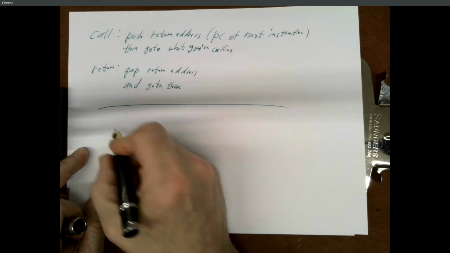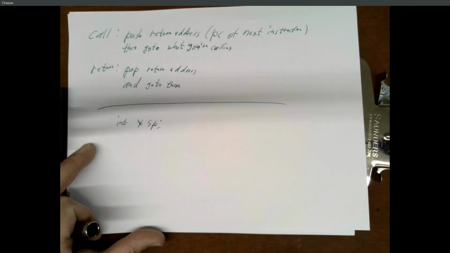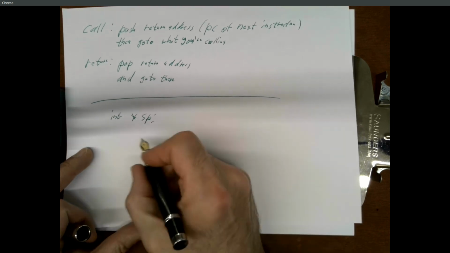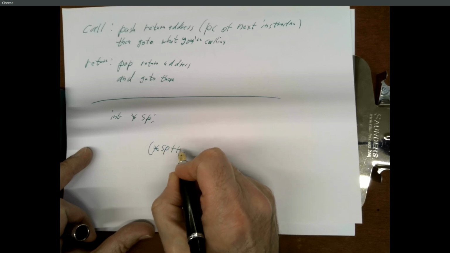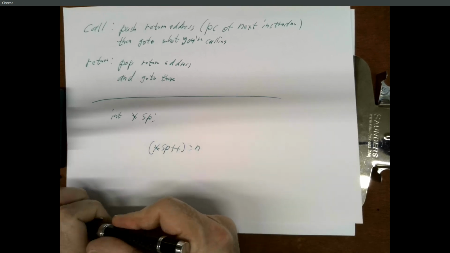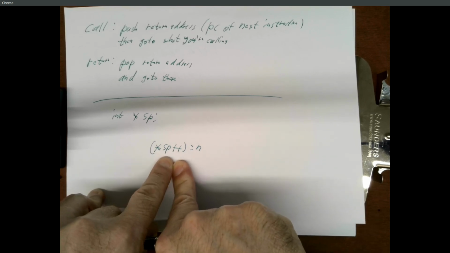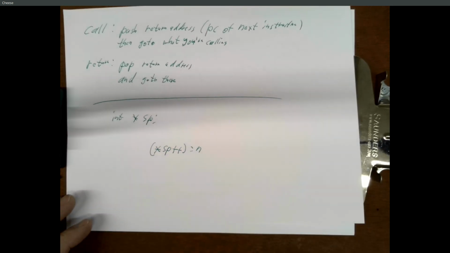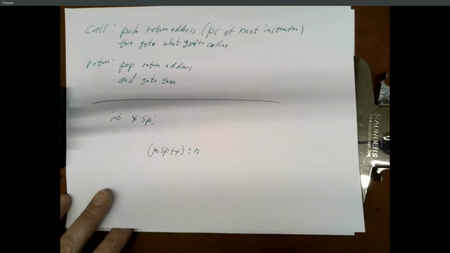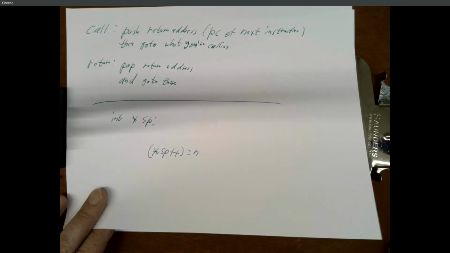But really what's happening is SP is a pointer to an integer, and you just say star SP plus plus equals n. Store n at the location pointed to by SP, and then increment your stack pointer, or decrement it, or whatever you're going to do. Now SP doesn't have to point to location 0 of an array; it can just point to some location in memory that you mallocked.